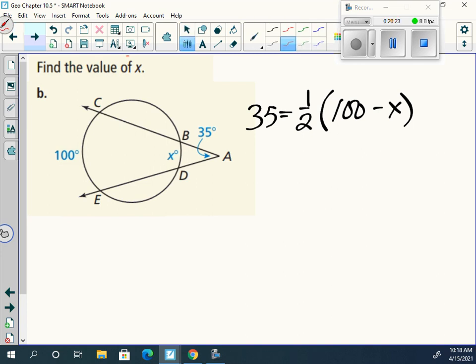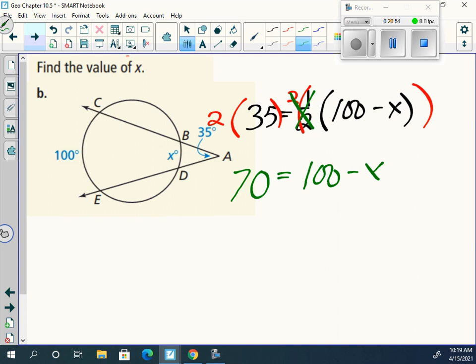Right. If we can multiply both sides by 2, because on the one side here, 2 times 35 would give us 70. We can do 2 times 35 in the calculator, or we can multiply by 2. 2 times 5 is 10, so 0 carry the 1. 2 times 3 is 6, plus 1 is 70. Now our 2 and 1/2 will cancel out, leaving us with 100 minus x.